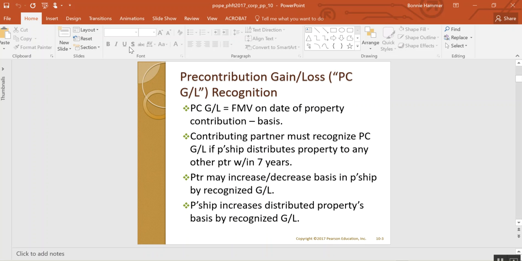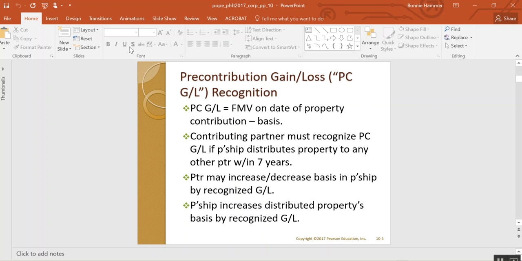So if within 7 years that couch is distributed by the partnership to a partner other than the original partner who contributed the couch, that contributing partner has to recognize the pre-contribution gain or loss that he realized on the contribution date. And he did realize a loss of $500 on the date of his contribution of that couch to the partnership. He just doesn't recognize it.